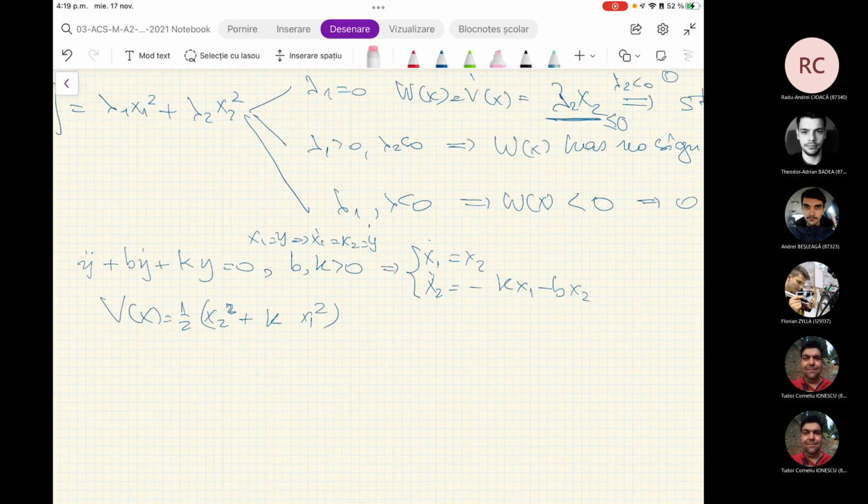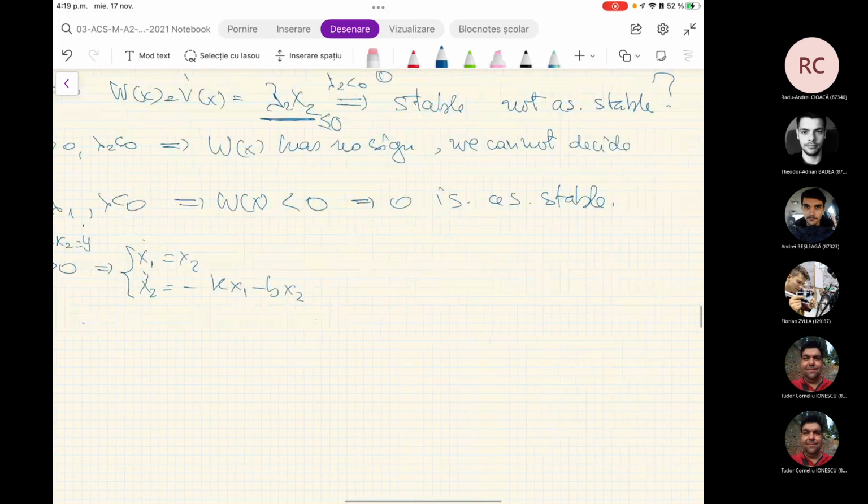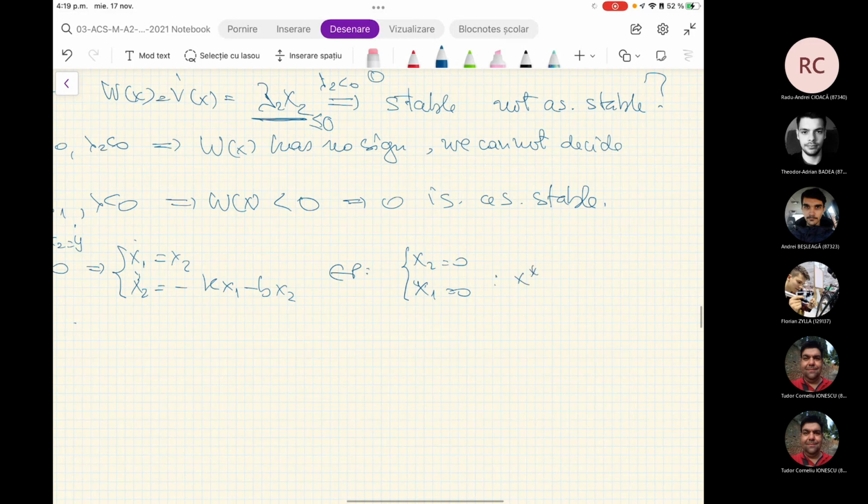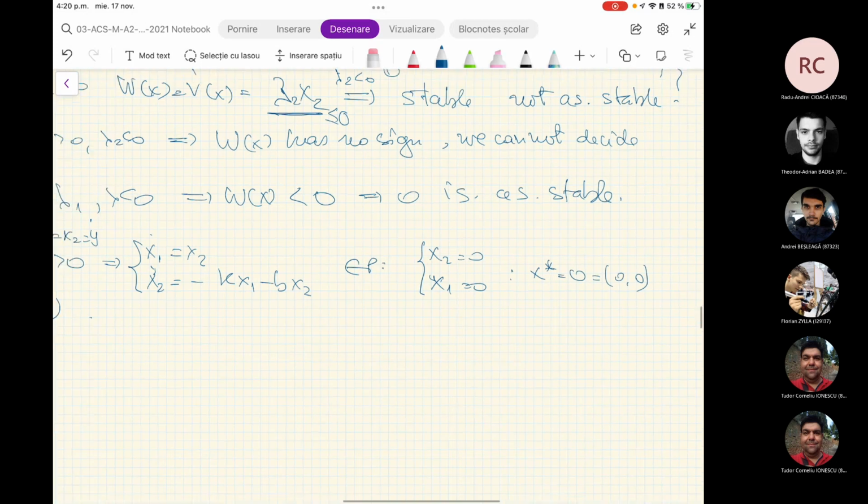Hence, equilibrium points: x2 equal to 0, x1 equal to 0. So the origin is an equilibrium point. X star is 0. The origin is the equilibrium point of this system.